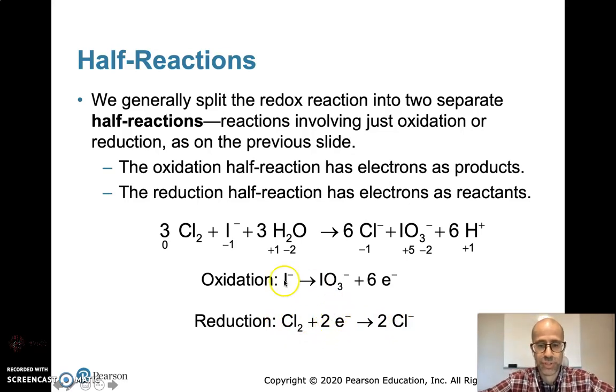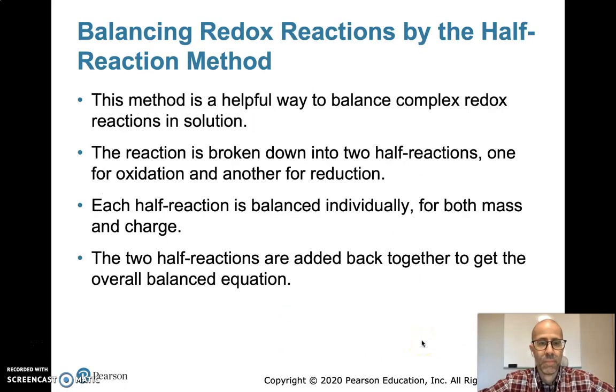Now you'll notice here that I don't have any oxygen. This is not a balanced equation. We'll get to balancing in just a moment. But basically this is like your first step. You've divided everything into the two half reactions. For the oxidation, I'm just writing down the reactant, product, and electrons. For the reduction, I'm writing down reactant, electrons, product. That's it. The balancing will come in just a moment.